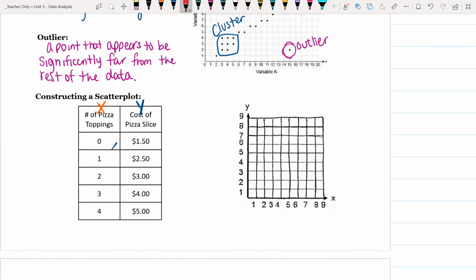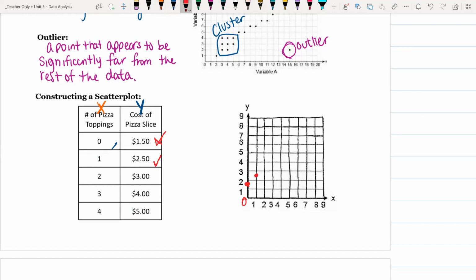So we're going to want to graph that on this graph. So when we have 0 pizza toppings, the cost of a slice of pizza is $1.50. So at 0, we go up to $1.50. There's no exact dot there or an exact line, so we're just going to estimate. So now we've done this one. Go to 1, $2.50. Put a dot there.